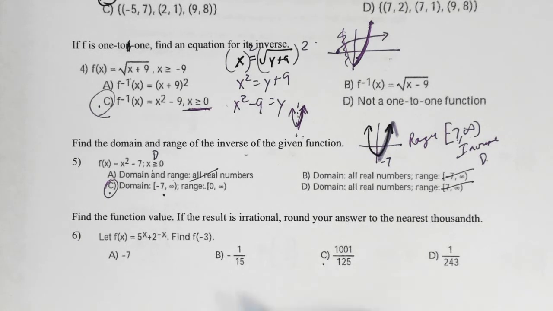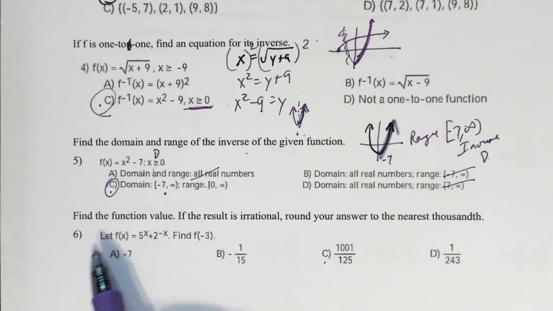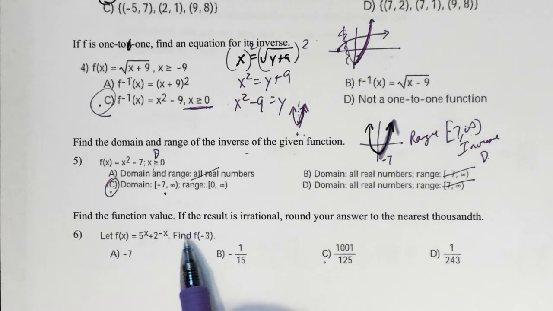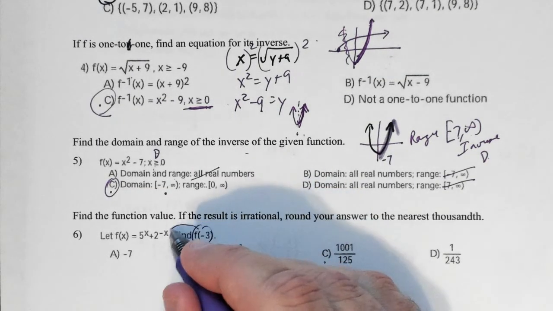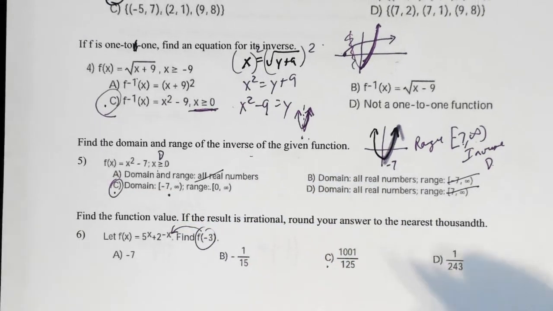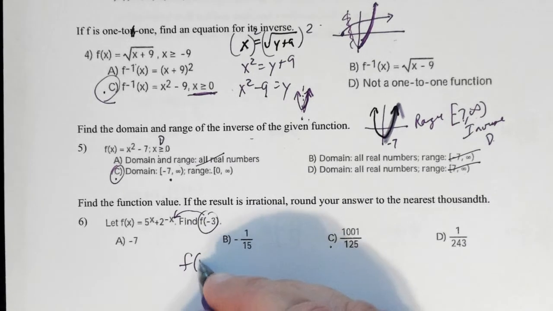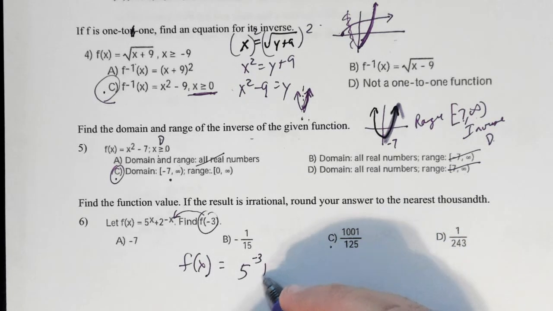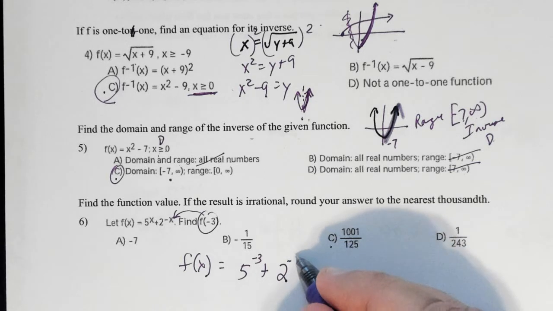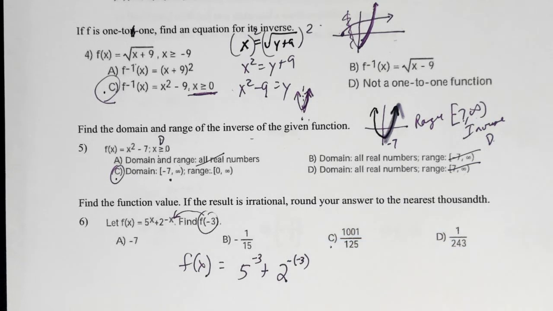And then the last one on this page says to find f of -3. We should know how to find f of -3. We plug it in. So this would be 5 to the -3 plus 2 to the -3.